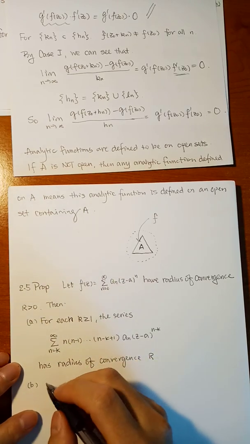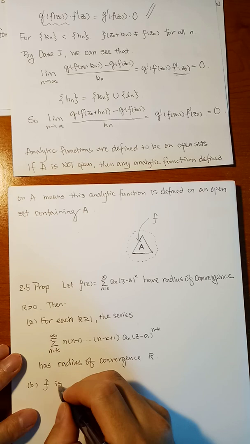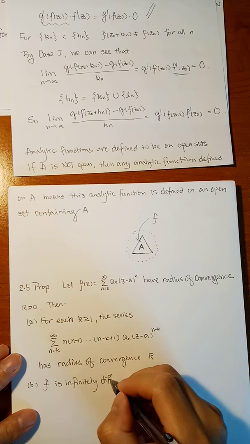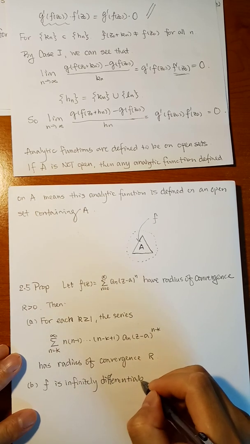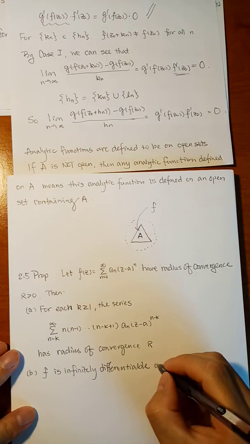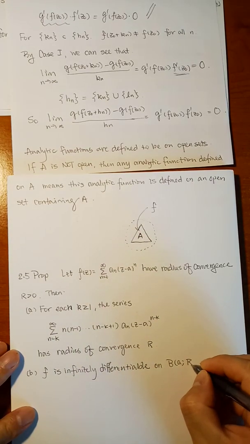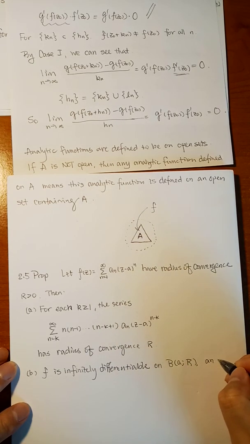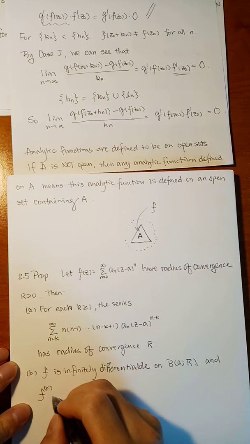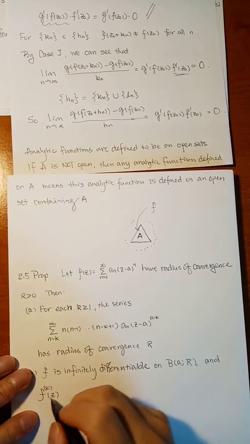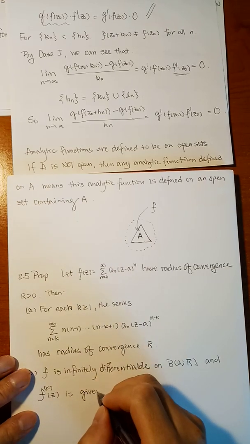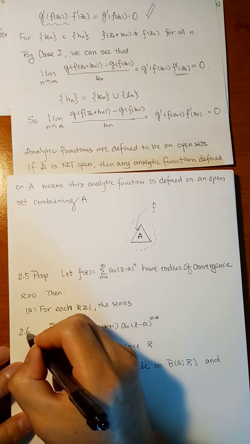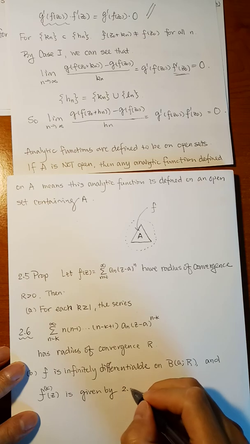Part B: this function f is infinitely differentiable on this open disk centered at a with radius R, and the kth derivative is given by the formula 2.6.